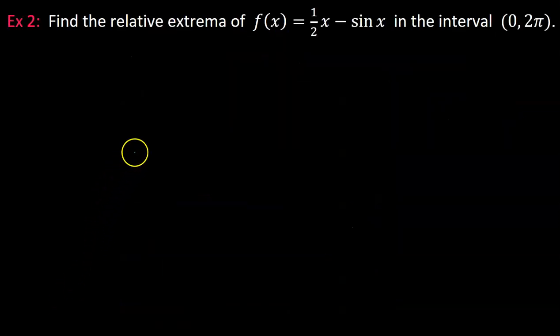Let's squeeze in one more example. Example 2: find the relative extrema of f of x equals 1/2 x minus sine x in the interval from 0 to 2 pi. So the first step is to find the critical numbers.